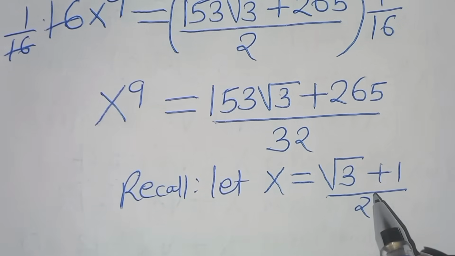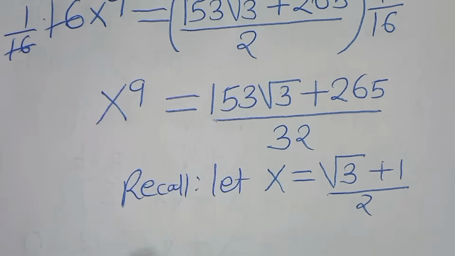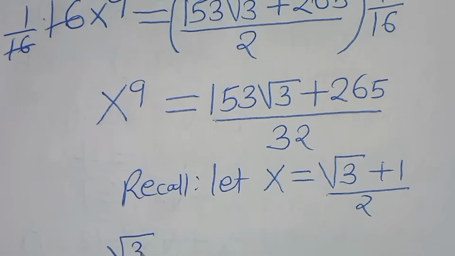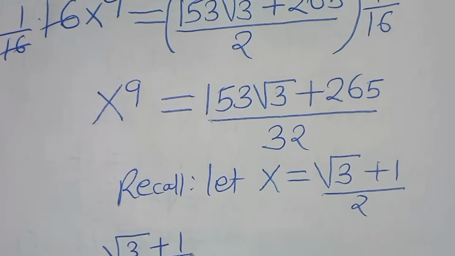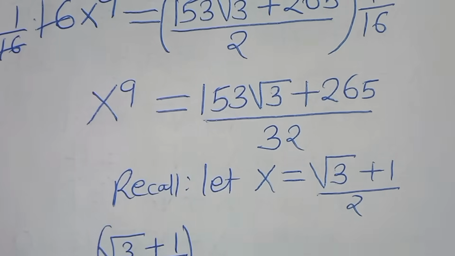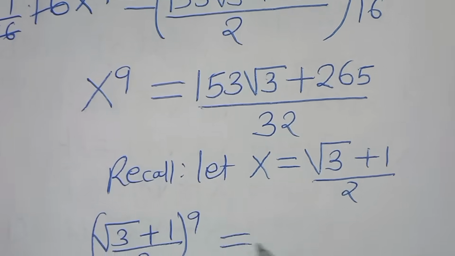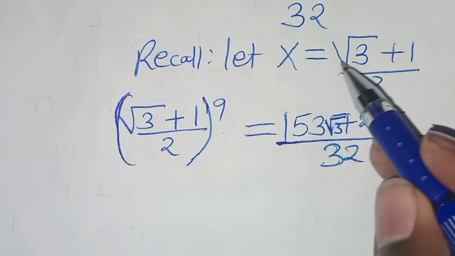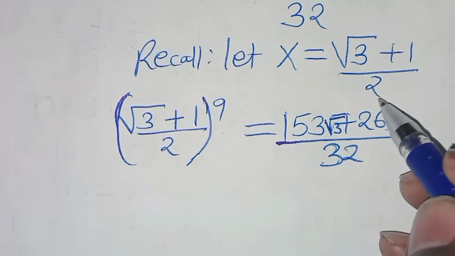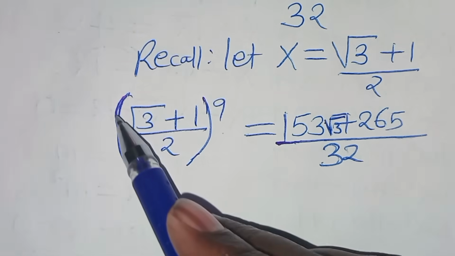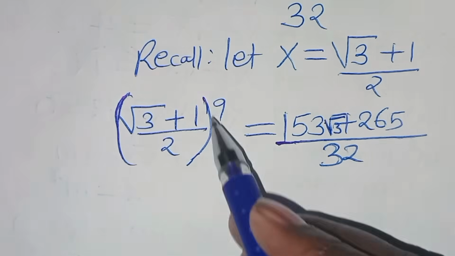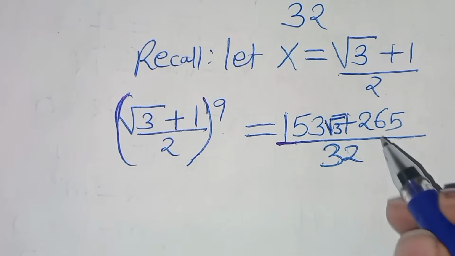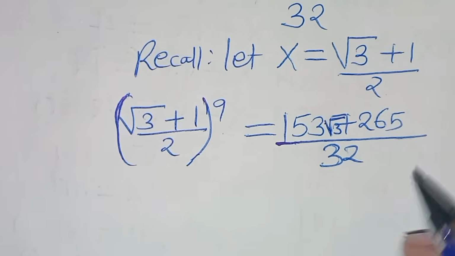So substituting, square root of 3 plus 1 over 2 raised to power 9 is equal to 153 square root of 3 plus 265 divided by 32.